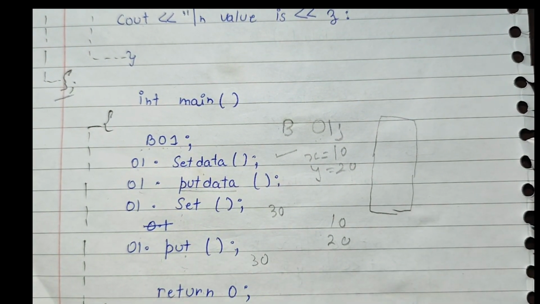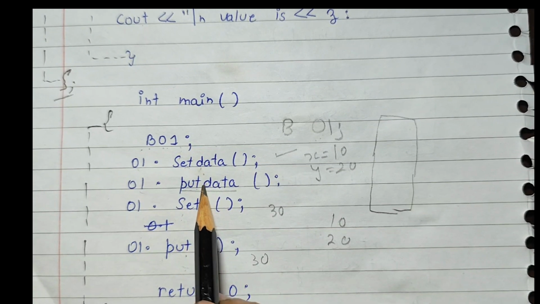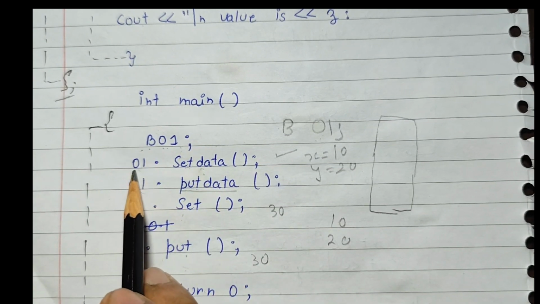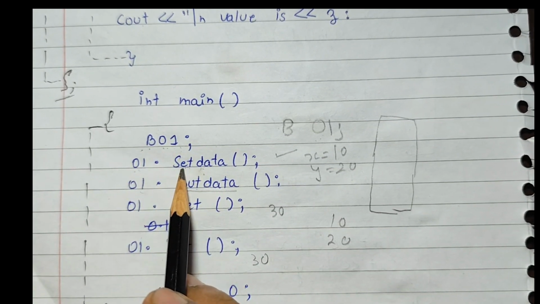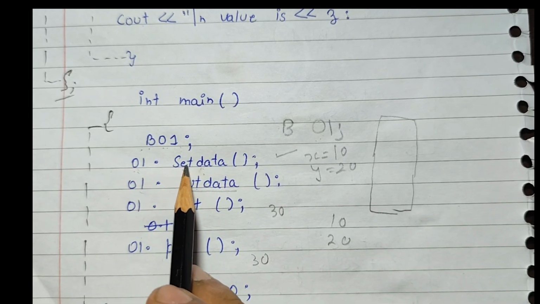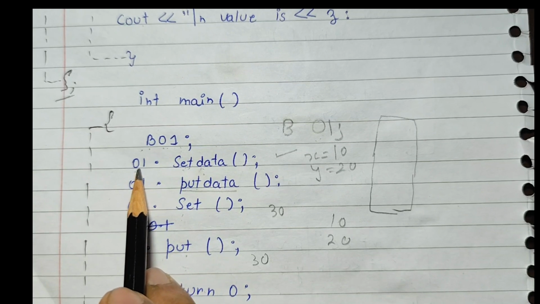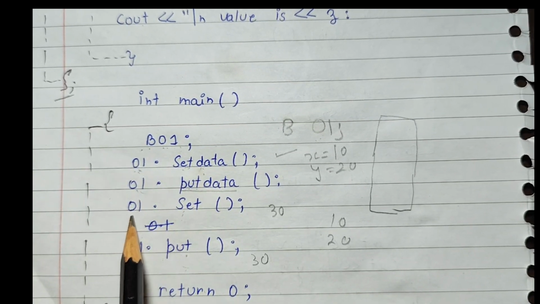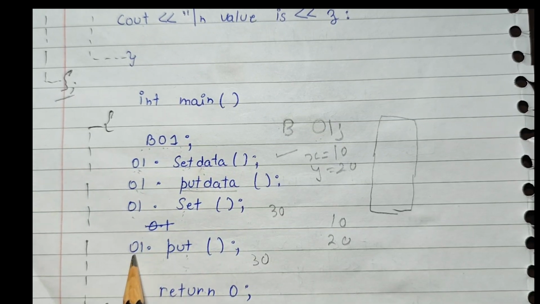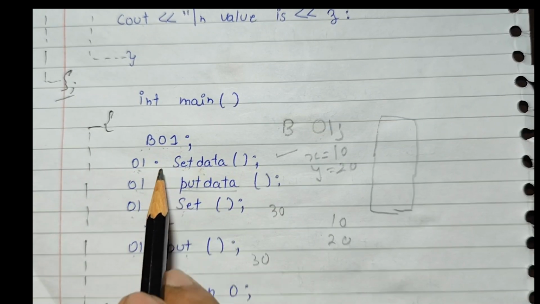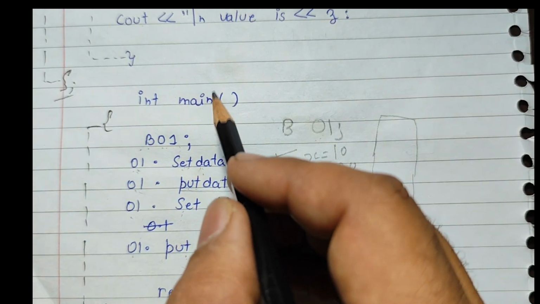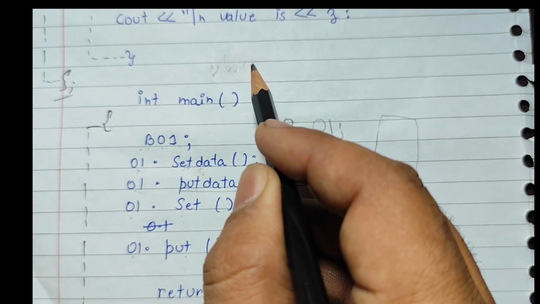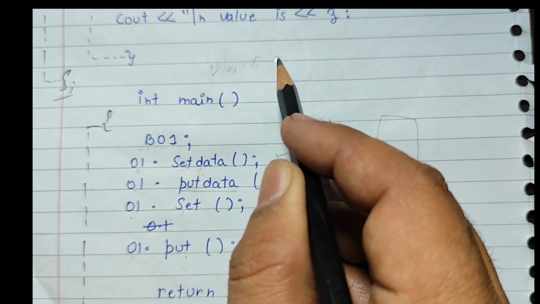So I hope all of you know how to call a member function. A member function is called by using the caller object, because for calling a member function we require a caller object. Now in the set data member function, O1 is the caller object. In the put data member function, O1 is the caller object. For the set function, O1 is the caller object. For the put function, O1 is the caller object. How to call a member function? Object dot, the membership operator is used.